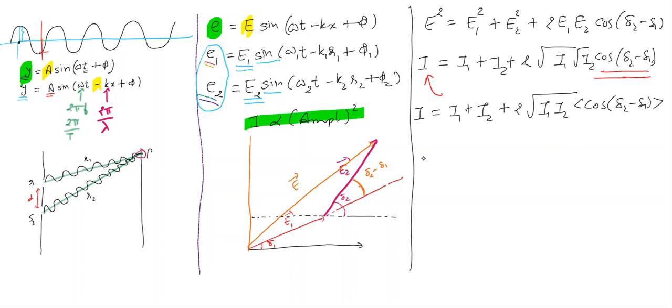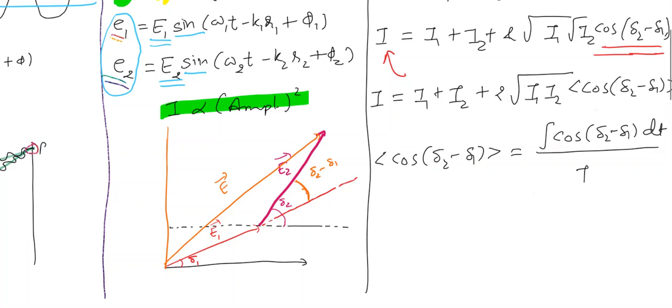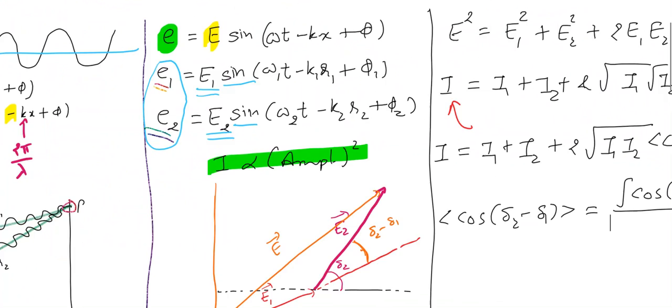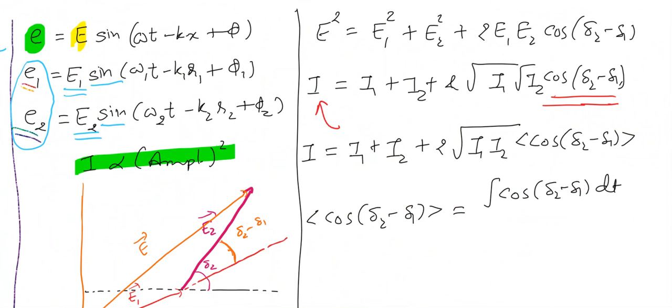How will you find the average of cos delta 2 minus delta 1? You have to find the average over one cycle, so the integration of cos delta 2 minus delta 1 dt, with limits from 0 to capital T, divided by T.